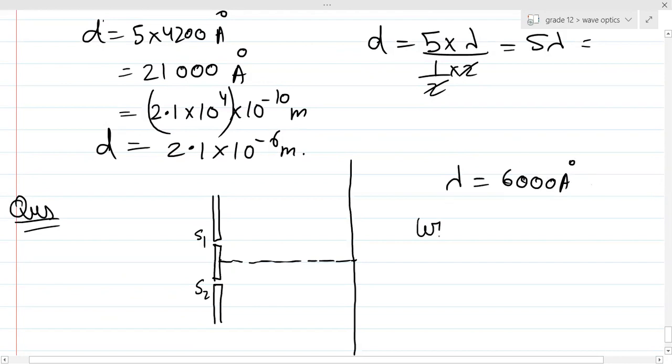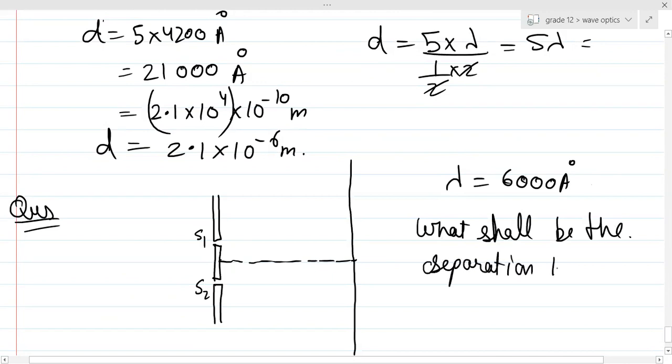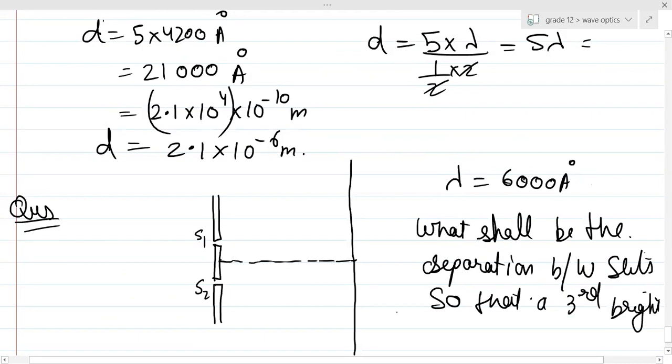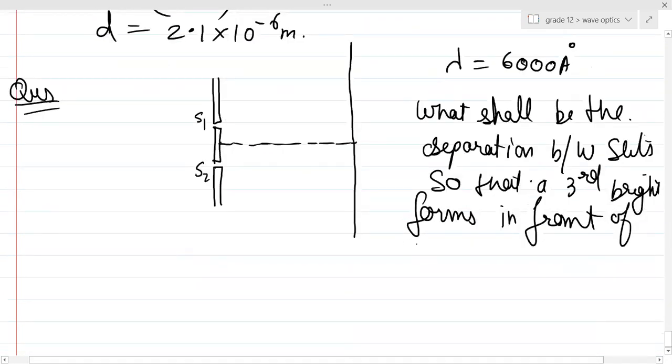What shall be the separation between slits so that a third bright forms in front of one of the slits?